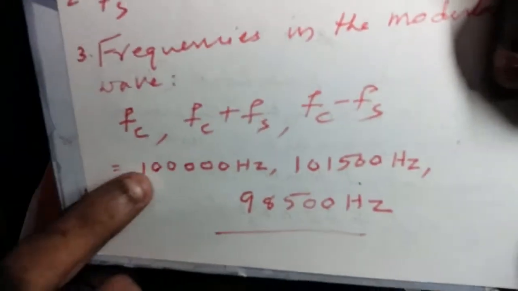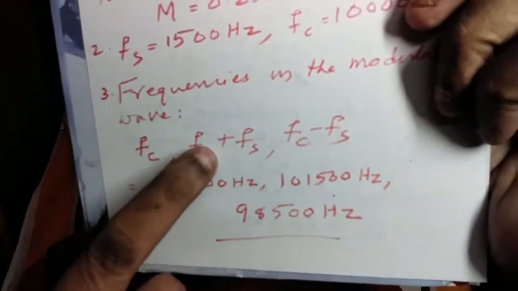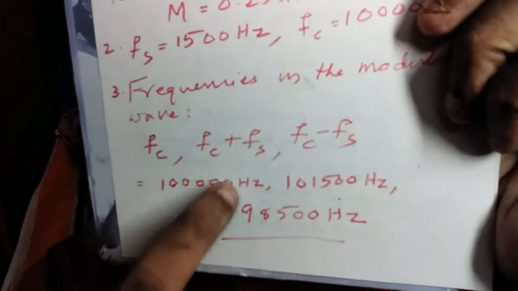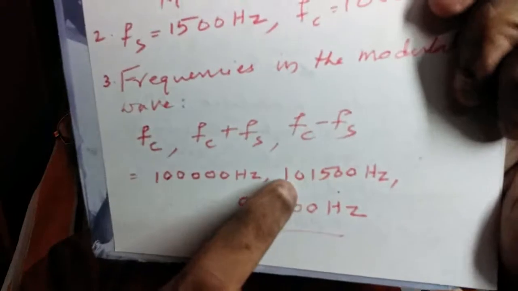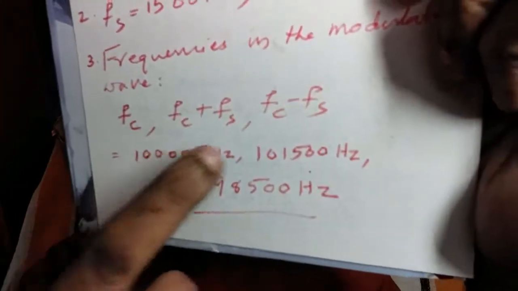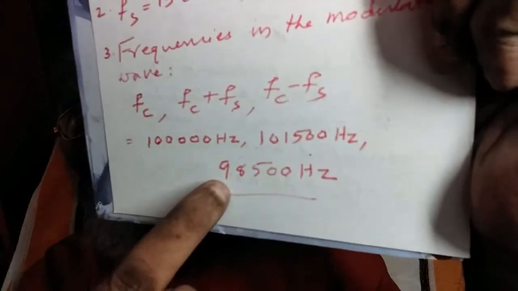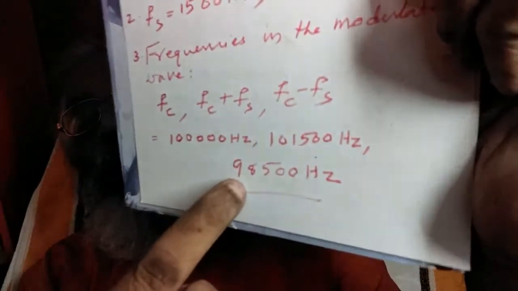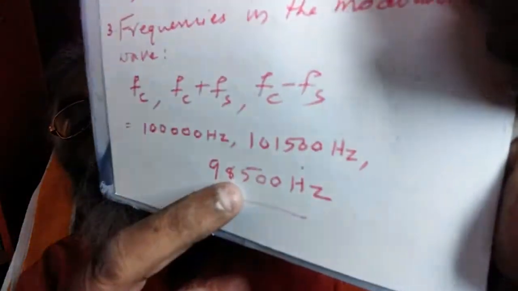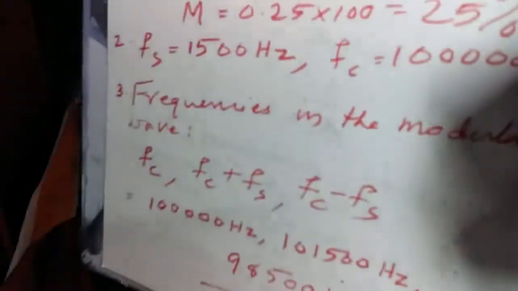So frequencies contained are 1 lakh Hertz, that is fc, then fc plus fs, 1 lakh plus 1500, that is 101500 Hertz, this is the answer, and the lower sideband is fc minus fs, that is 98500 Hertz. That is the answer.